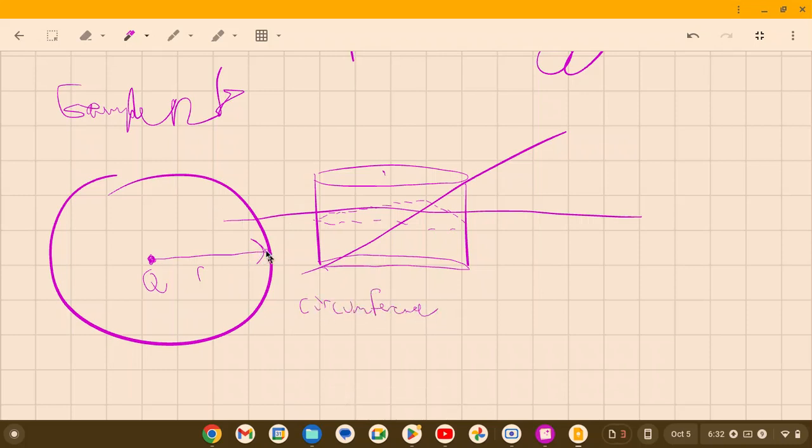It's like taking this point, breaking it up, taking a pair of scissors, not very well drawn, chopping this up and then making a straight line, which equals C. C equals 2 times pi times r, or pi times d, where d equals 2r, which is the diameter.